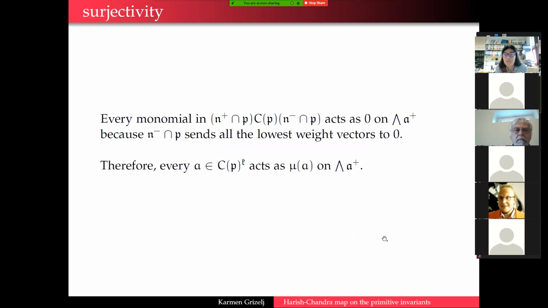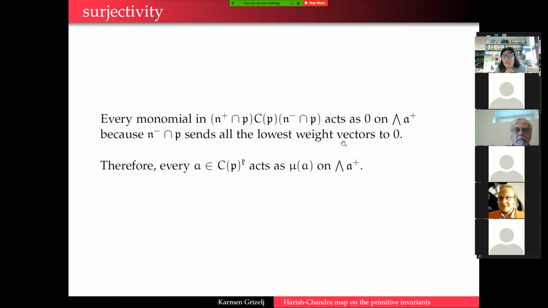And finally, we can notice that every monomial in this part acts as 0 on the spin module of A, because n minus intersect P sends all the lowest weight vectors to 0.